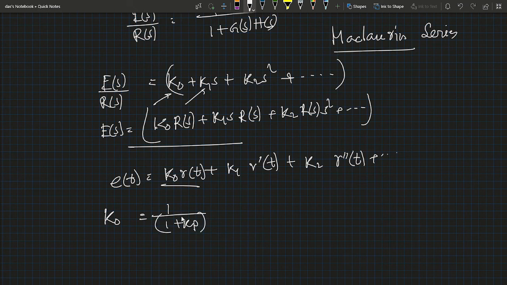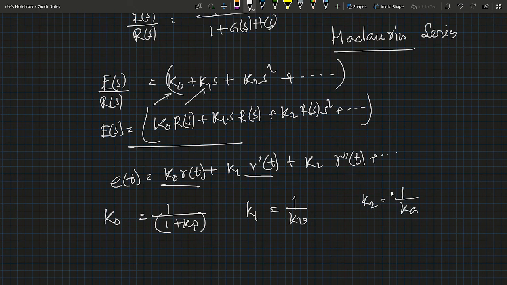Now k1 is associated with the ramp input, because this is a single derivative form, and this is a double derivative form. So k1 equals 1 by Kv, and k2 is associated with the parabolic input, the double dash. So k2 equals 1 by Ka.